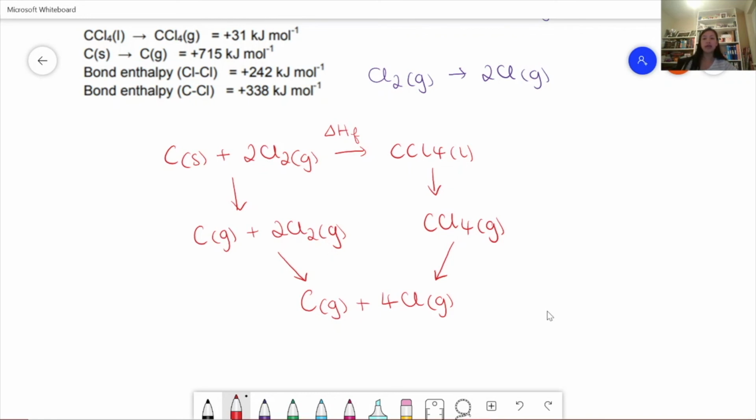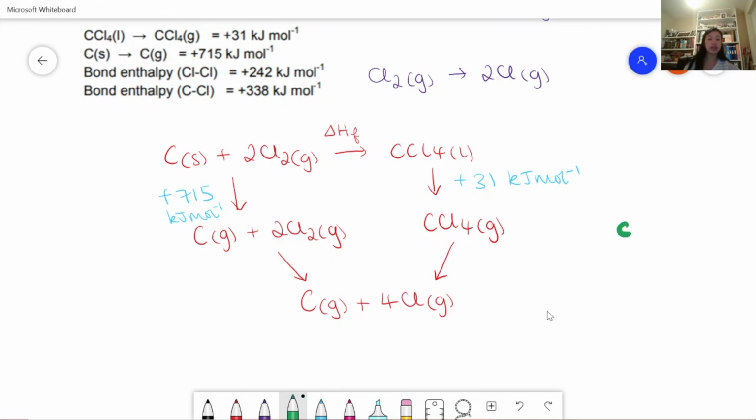And so now we add in the numbers. So here we have plus 715. And then here we have plus 31 kilojoules per mole. That should be kilojoules per mole as well. And then here we can now draw the molecules.